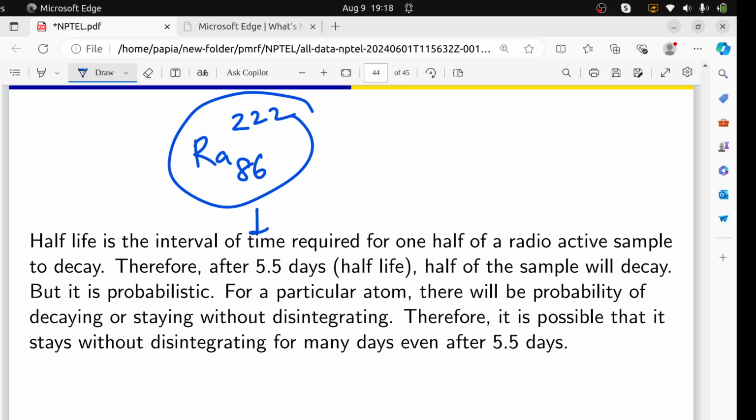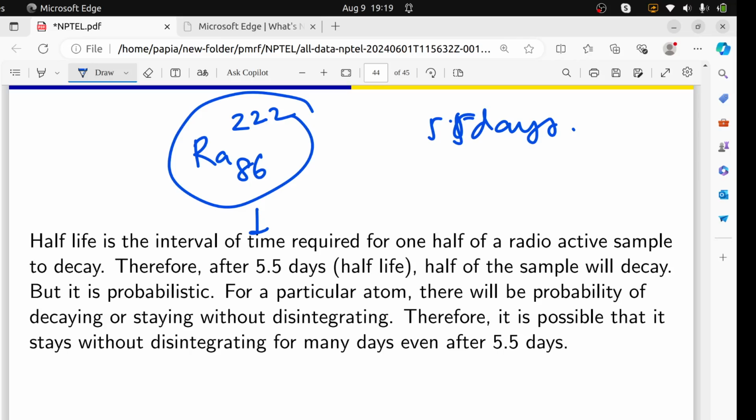Only one radioactive sample is there. Now, half-life told us it is 5.5 days. So for this case, what will happen? After 5.5 days, we can have half of the sample.